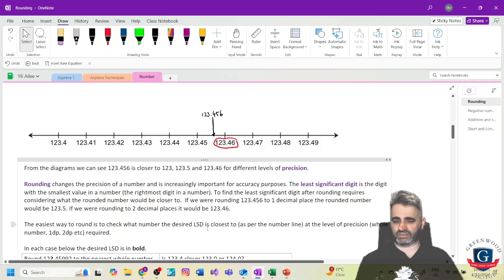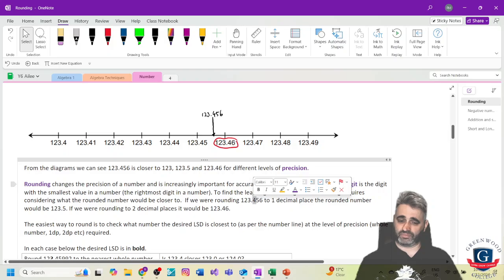So that digit that we want to round towards, whether it's 1 decimal place, 2 decimal places, 3 decimal places, is called the least significant digit, because it's the digit that has the smallest value in the number that we're seeking. So if we wanted it to 1 decimal place, we're looking at that digit there. Should it be 4 or should it be 5? In this case, this digit here indicates that it should be a 5. But we'll look at that in more detail now.